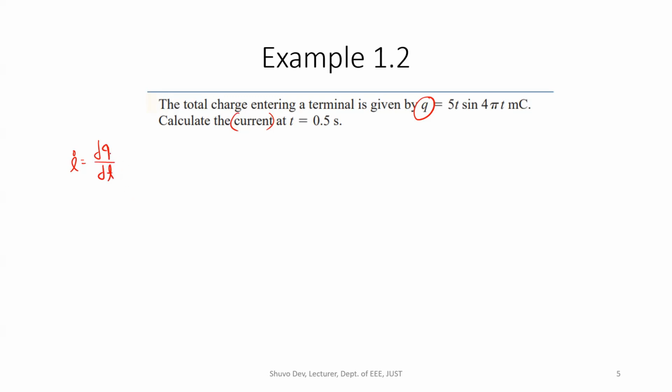Now insert the value of q in this equation, that is d by dt of 5t sine 4 pi t. What will be the unit? The unit of charge here is millicoulomb and time is second, so millicoulomb per second. Now we have to differentiate this charge.